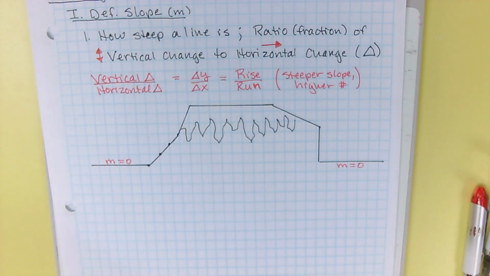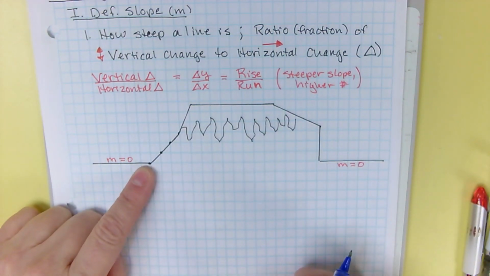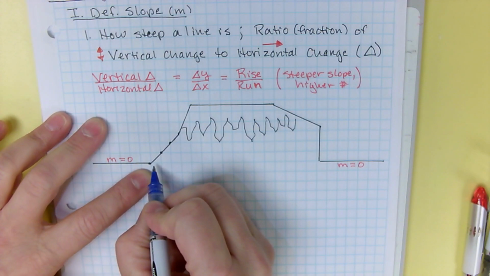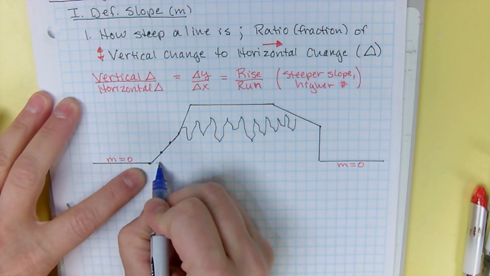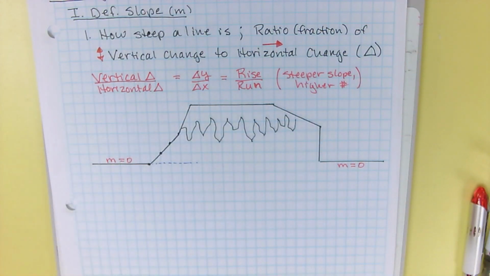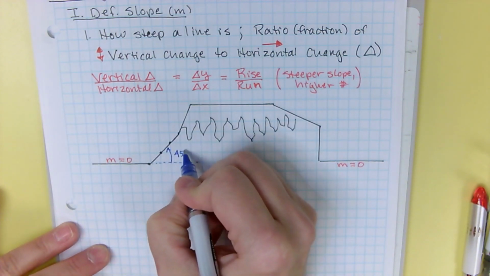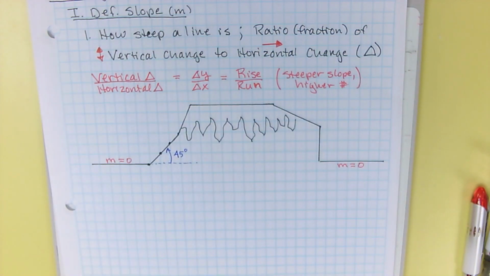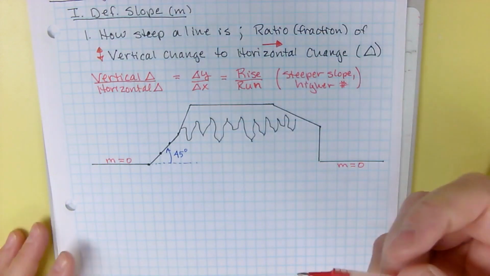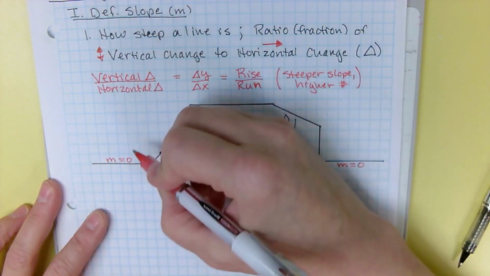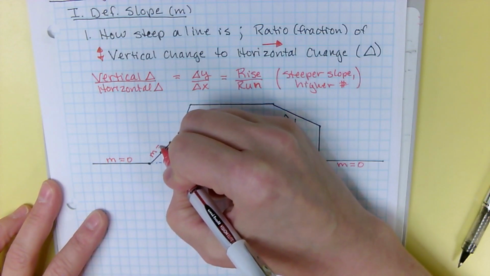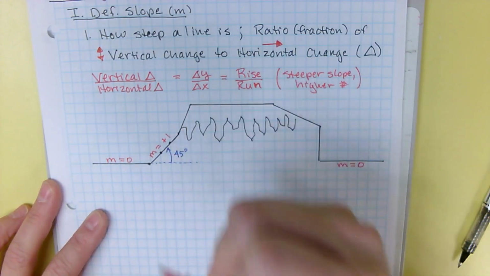Okay, so once we hit the part where it starts getting a little bit steep, where it's going through the corners of the squares, first off, a line that goes through the corners of the squares has a 45-degree slant to it. But more importantly, when the line goes through the corners of the squares, your slope is a +1.